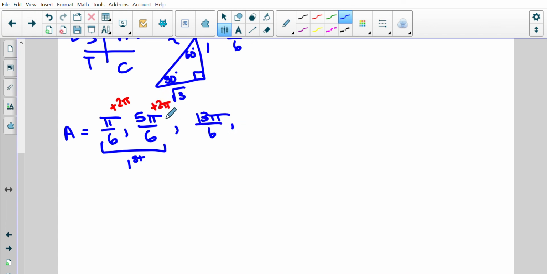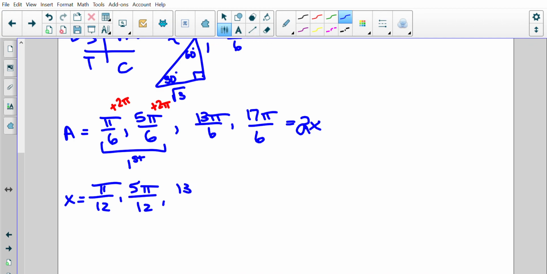And 12 pi over 6 plus 5 pi over 6 gives me 17 pi over 6. And all of that is equal to 2x. So I'm going to multiply everything by 1/2 to get what x is. So it should be pi over 12, 5 pi over 12, 13 pi over 12, and 17 pi over 12.